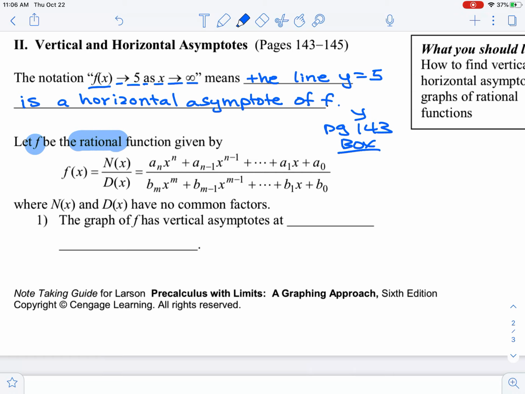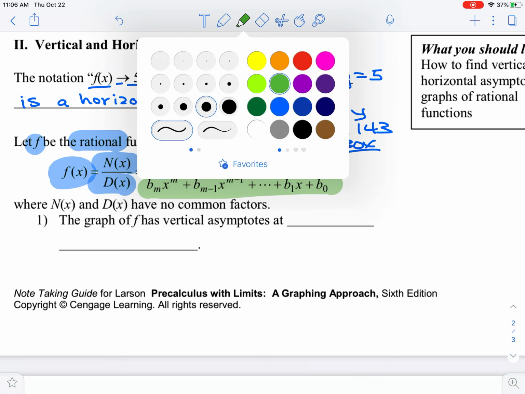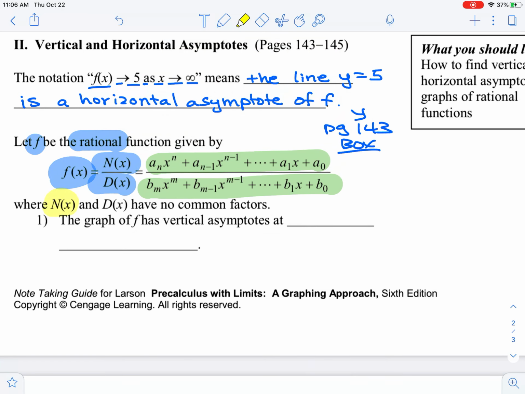Let f be the rational function given by f of x equals the numerator function over the denominator function. It's two polynomials, okay? Remember we learned our definitions of polynomials. This is the definition of one polynomial, and here's the definition of the other, where the numerator function and the denominator function have no common factors. If they have common factors, you have to cancel them out, but right now we're going to assume there are none.